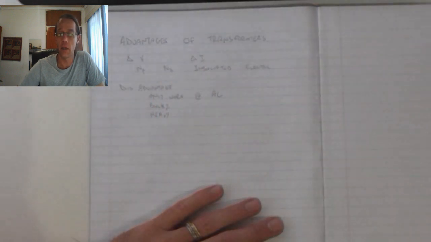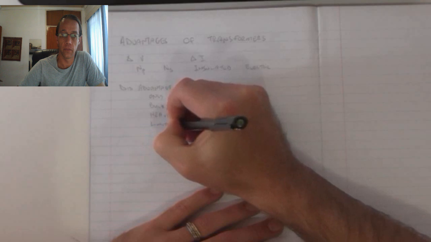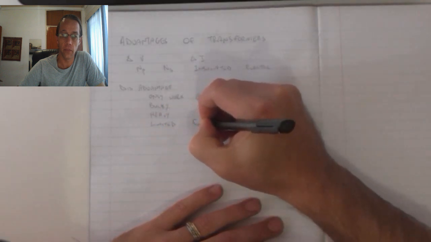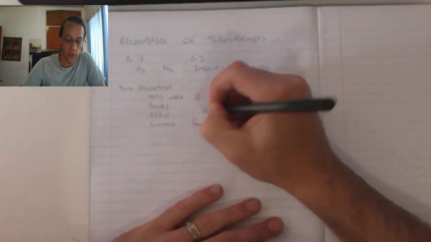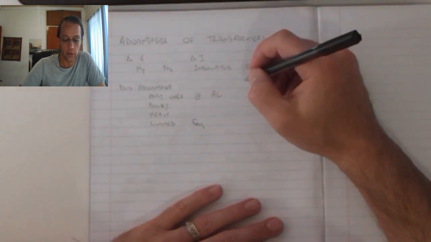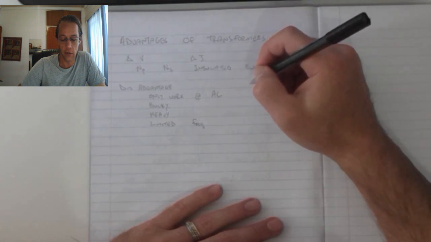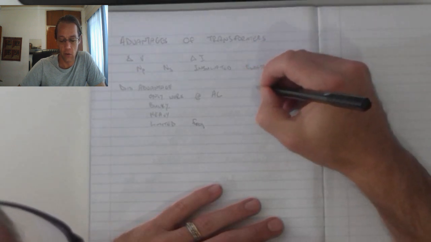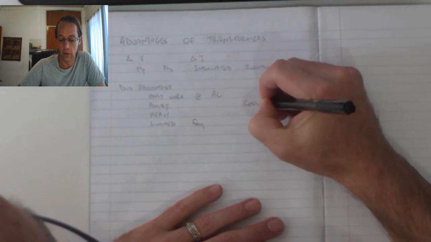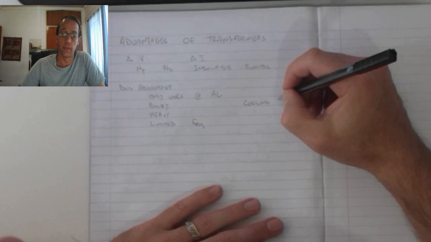Due to the materials used and the size of the core, they are limited when it comes to the frequency that they experience. Power transformers can only operate at low frequencies. Large transformers need to be cooled. Cooling needs to be considered.